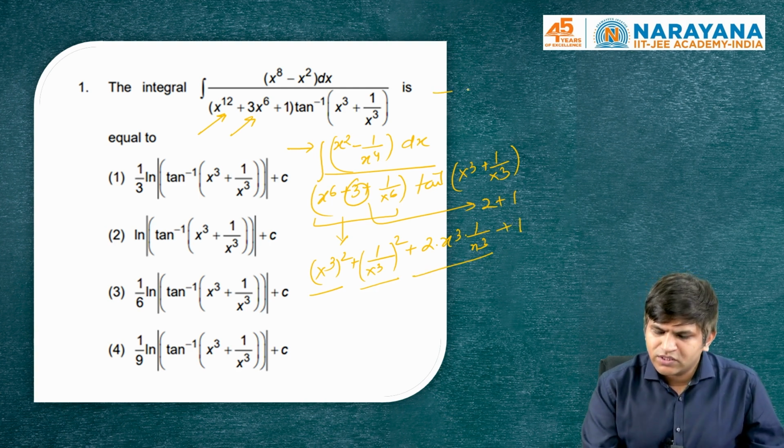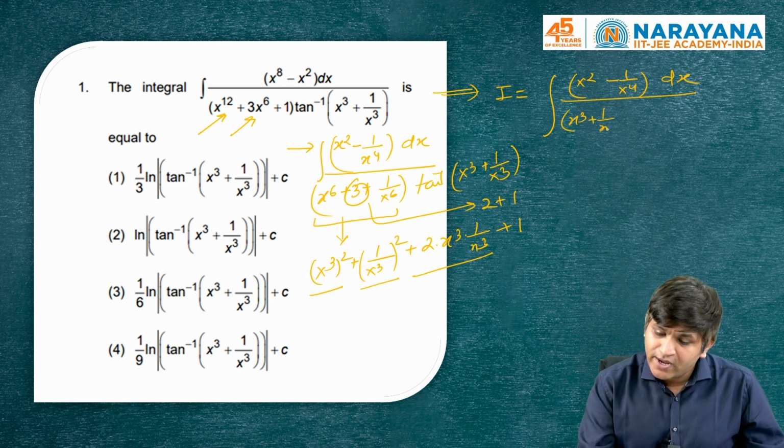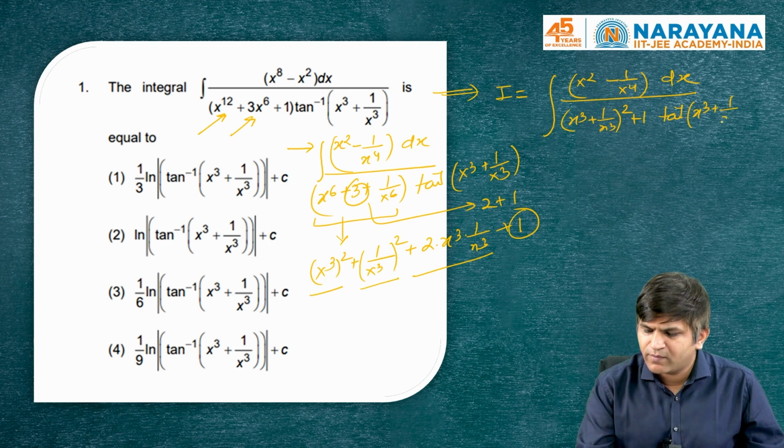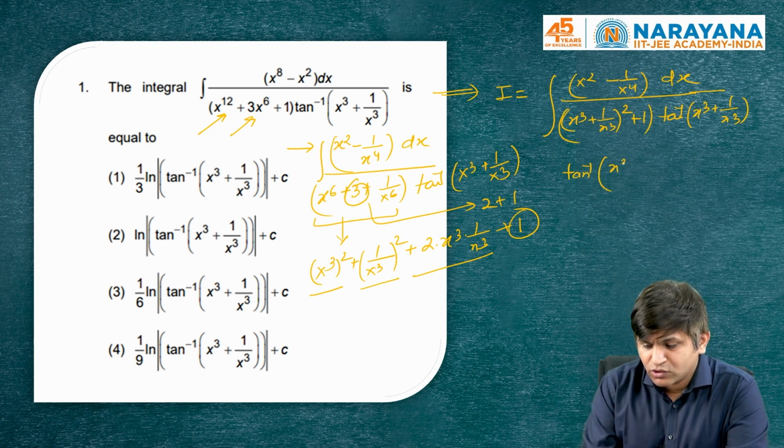So the integral is (x^2 - 1)/x^4 dx divided by [(x^3 + 1/x^3)^2 + 1] and tan inverse of (x^3 + 1/x^3).